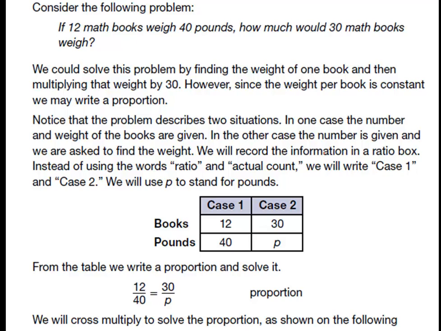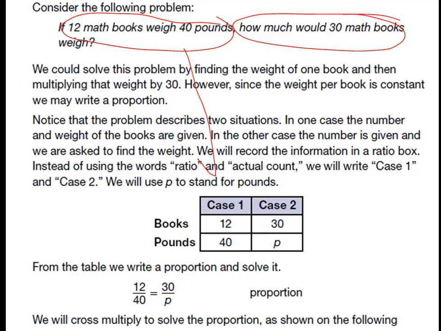So here's an example of a new type of problem that you're going to face. If 12 math books weigh 40 pounds, how much would 30 math books weigh? What you're going to have to do now is create your own proportion. The way you're going to do that is case 1 versus case 2, or scenario 1 versus scenario 2.